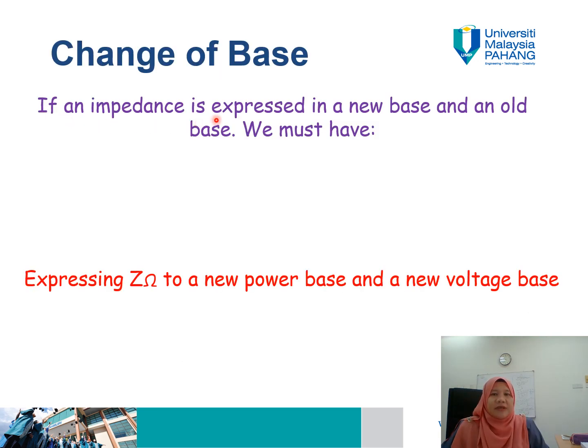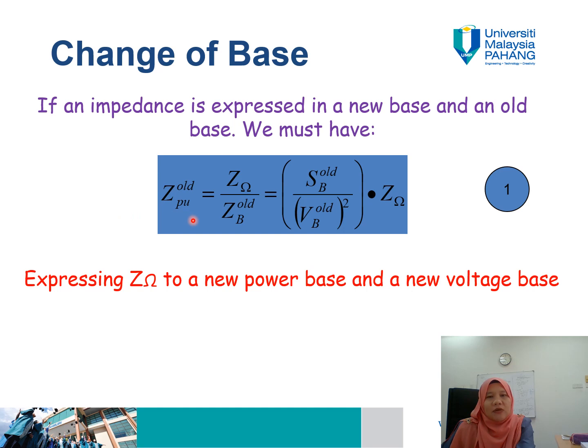If an impedance is expressed in a new base and an old base, we must have the old per unit impedance equal to the actual impedance divided by the old base impedance, which is also equal to the old base power divided by the old base voltage squared multiplied by the actual impedance.